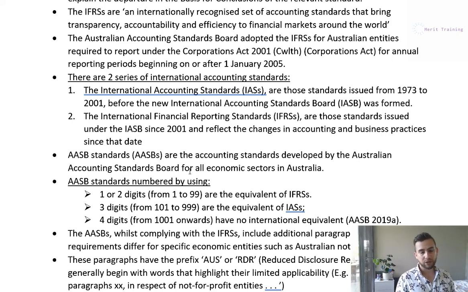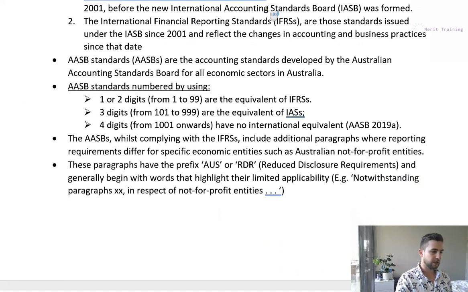But because there are some country nuances, each country generally has their own adaptation of these. So in Australia, you've got the AASB, which is the Australian Accounting Standards Board, which is basically adaptations of those international standards to the local Australian accounting situation or environment.